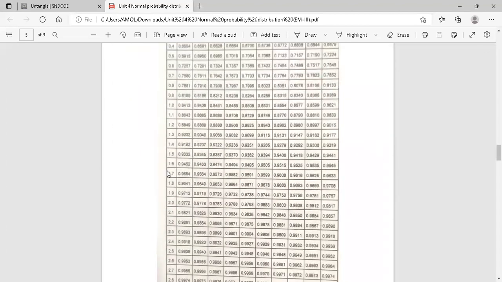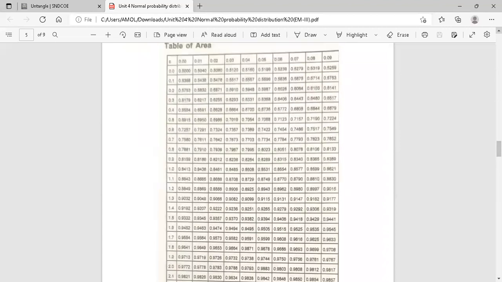This is 1.7 and the difference of 5, 0.05 here in this column. So it is 0.9599.